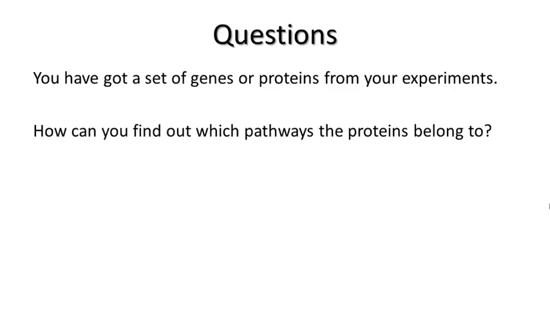But how can you find out which pathways each of the genes belong to? 300 genes are too many to search the KEGG pathway databases by hand one by one. This kind of repetitive tasks need the help of computers.